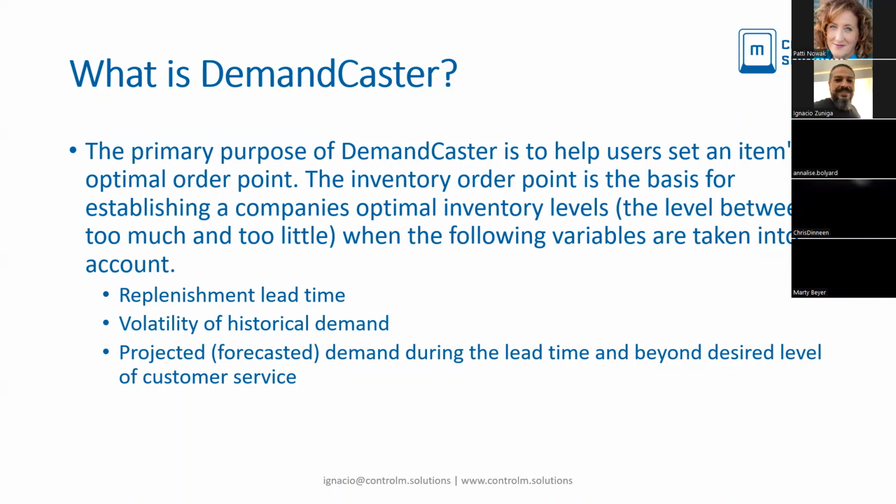So with the service level, we can set inventory service levels, and if we have a higher service level, it's going to keep more inventory, because every time a customer comes in, we can say, hey, we do have inventory for them, right? That's a high inventory level that we may have, and that will show up in there. This is the kind of data that we can have within DemandCaster, and it's going to do some calculations for us using these variables.